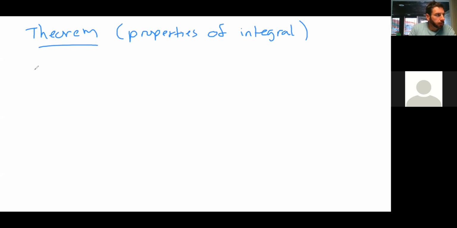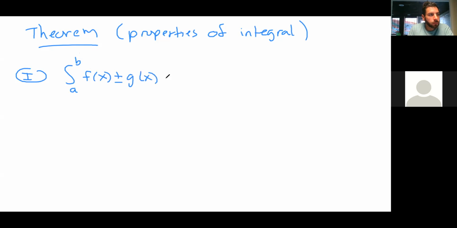So the first one says that if I take two functions and I want to add them together, we know I get a third function. Or if I take two functions and subtract them, I get a new function. And so I want to ask what happens when I try to integrate the sum or difference of two functions.